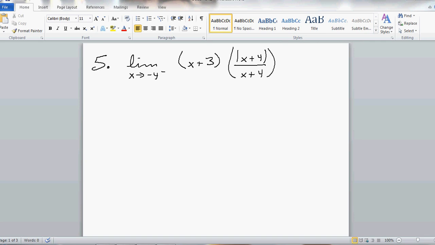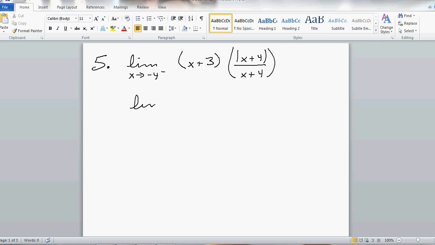All we really have to do is take -4 minus x. That is a way to change this so that, since we're coming from -4 from the left, this will give us the appropriate positive value.